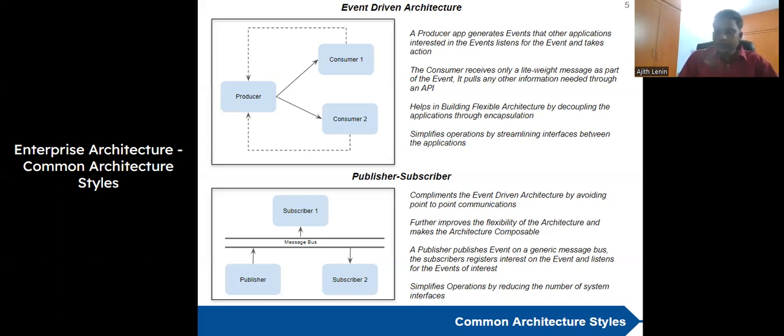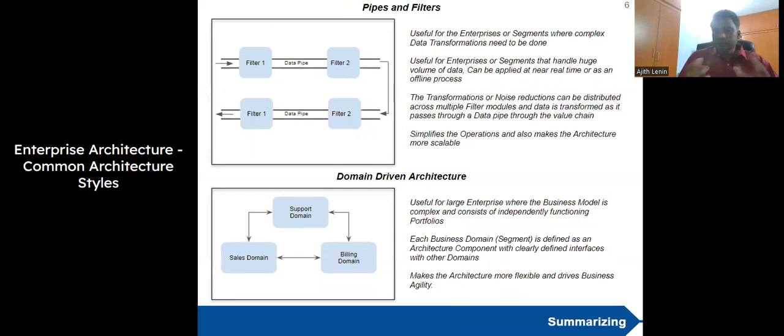Operationally, it simplifies, right? Moving further, another style is pipes and filters, typically useful for enterprises or segments where there is complex data transformation, or where we have to take actions on a huge volume of data, right? It can be a near real-time transformation or an offline process.